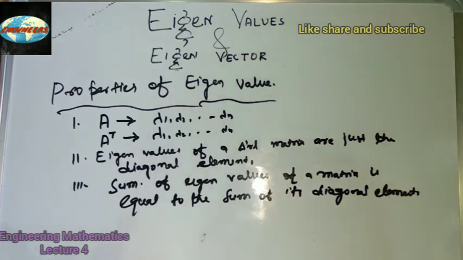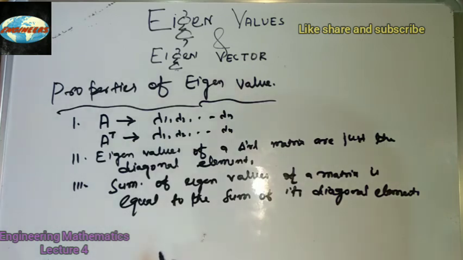So the sum of the diagonal elements will be equal to the sum of the eigenvalues of a matrix. Just remember this, it is really important. By this property, we can solve many of the questions which have been asked in exams like GATE and ESE.